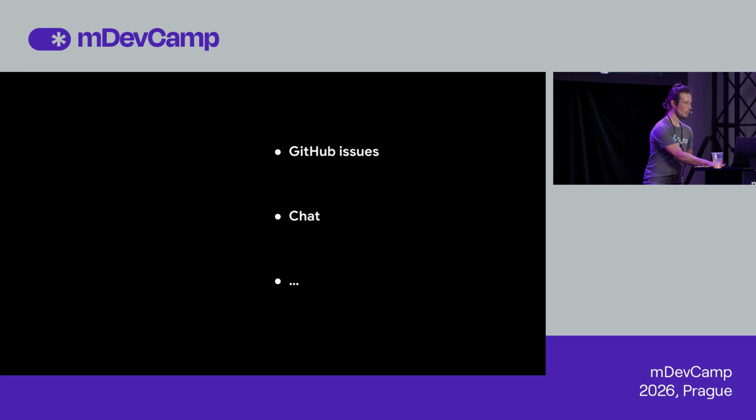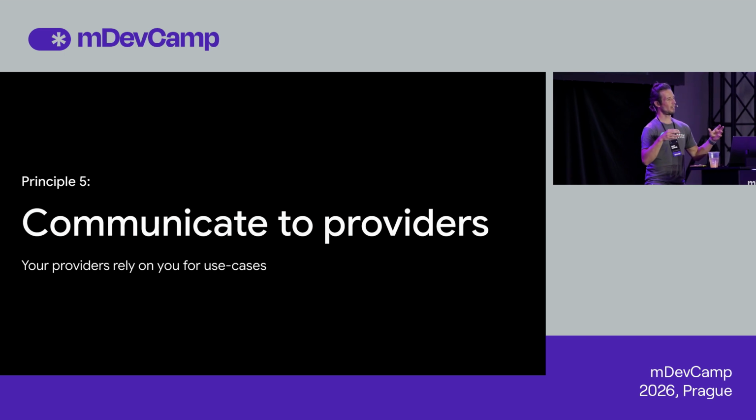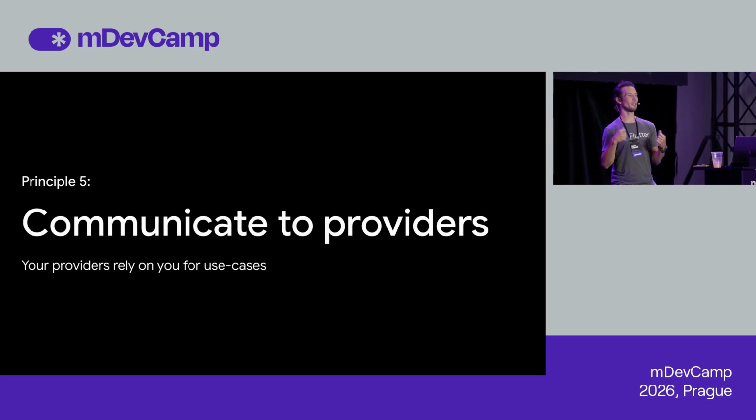And it doesn't matter so much where or how. I really like GitHub. So please, if you want anything from me and the interop team, file issues on GitHub, but it doesn't matter what you use.